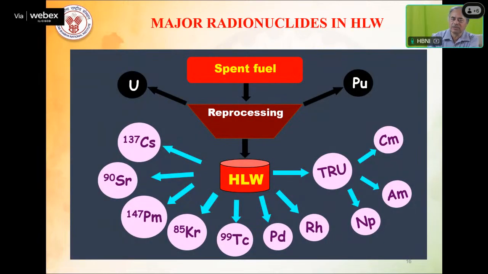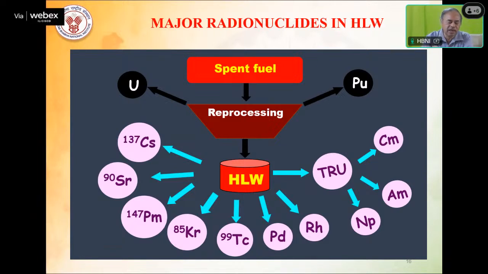So we had seen the picture of the fuel bundle. Now let us see the spent fuel character. The spent fuel has, as we have seen, uranium and plutonium, which we extract in the reprocessing plant. Plus, it has the fission products.